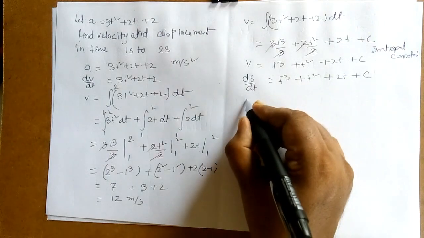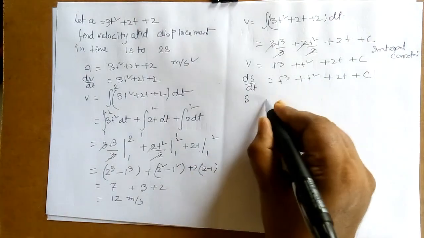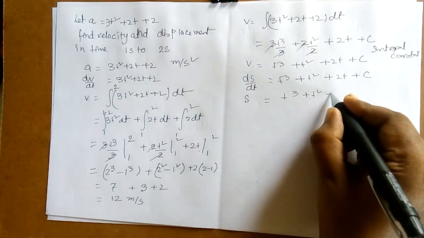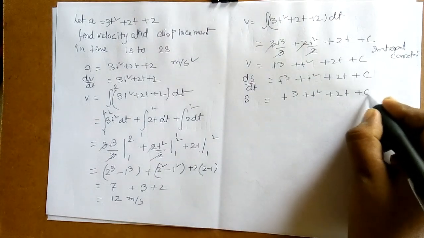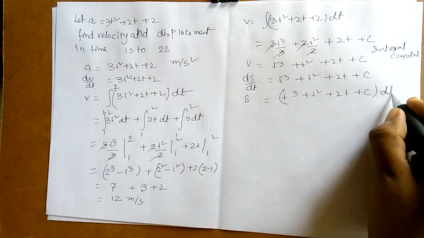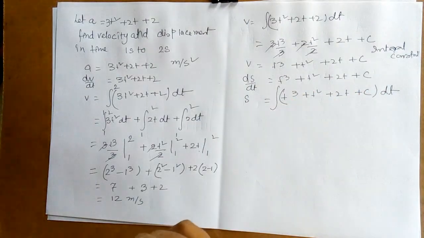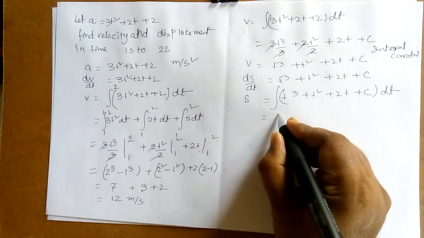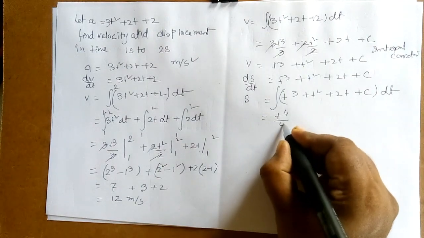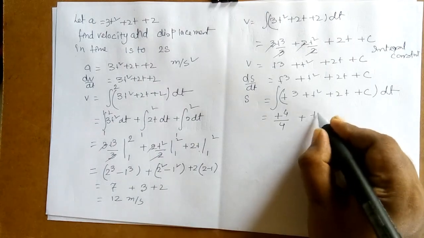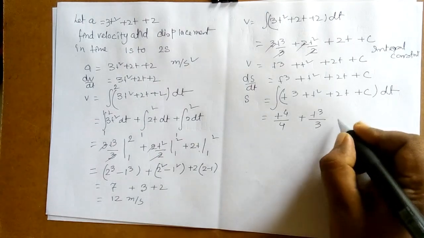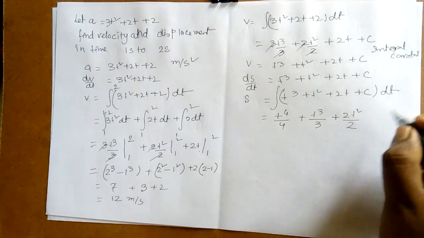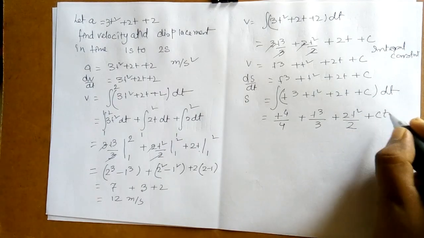And now here find s. So s equals the integration of t cube plus t square plus 2t plus c dt. If you do it here, t cube's integration will be t to the power 4 by 4, plus t square means t to the power 3 by 3, plus 2t square by 2, plus c into t.